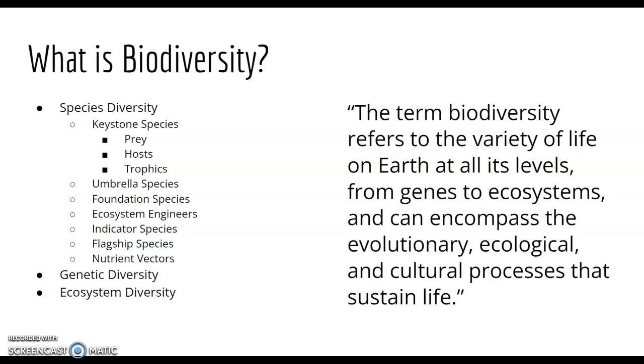There's also flagship species, which are typically like a symbol for an area. So, for example, Save the Turtles would be considered a flagship species. There is also nutrient vectors, and those are animals that help transfer nutrients, and they typically are also a keystone species.